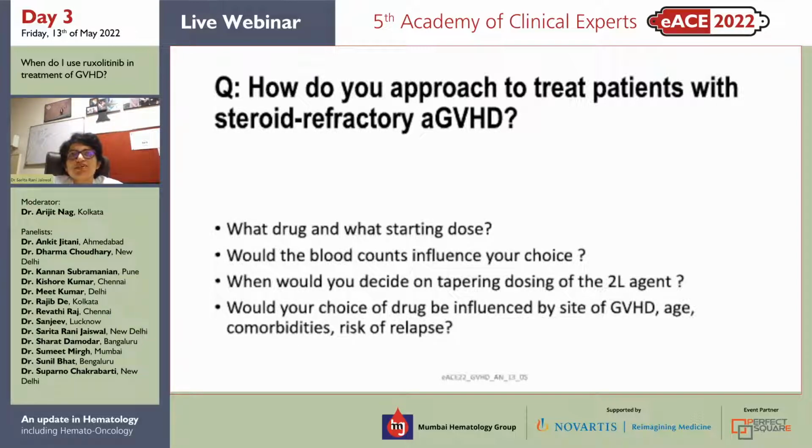So it's a very dicey situation, but of course in that situation we use abatacept, Jakavi, and an IL-2 inhibitor, or basiliximab also sometimes. So this is the thing.